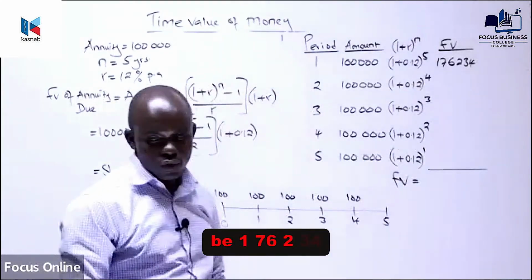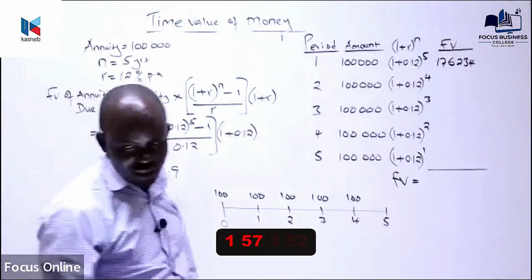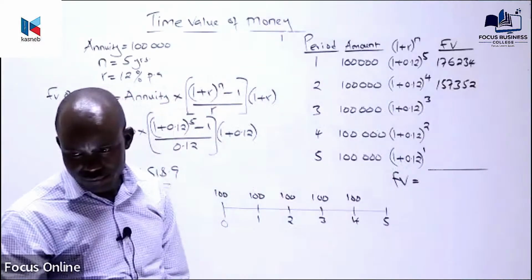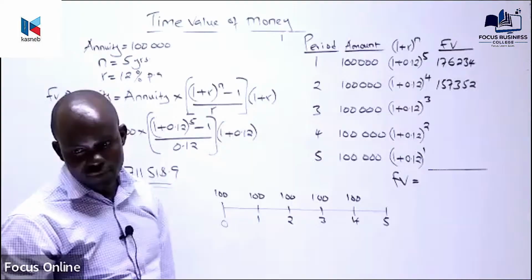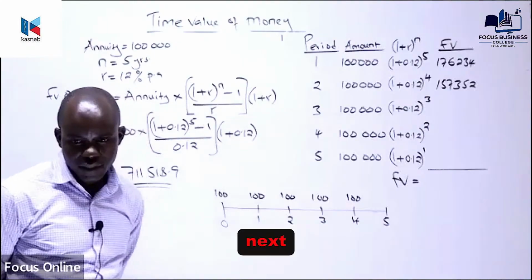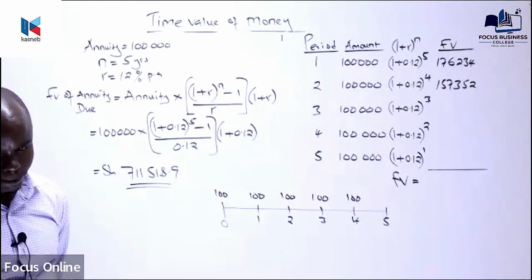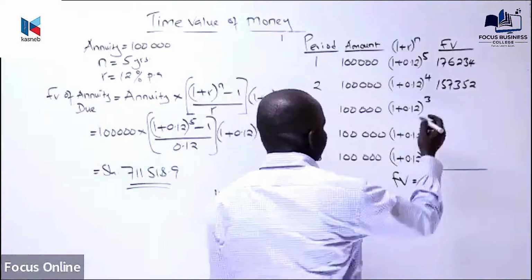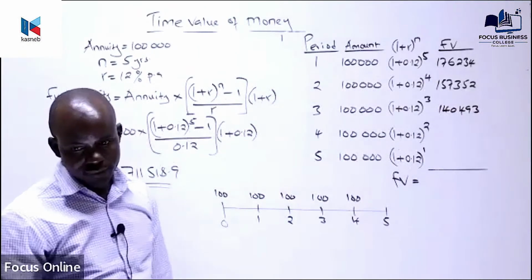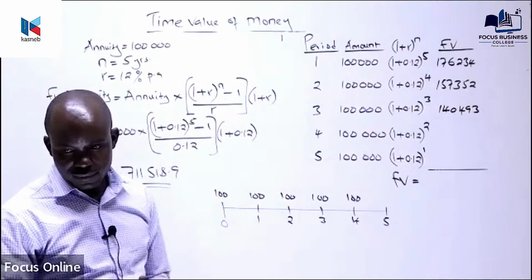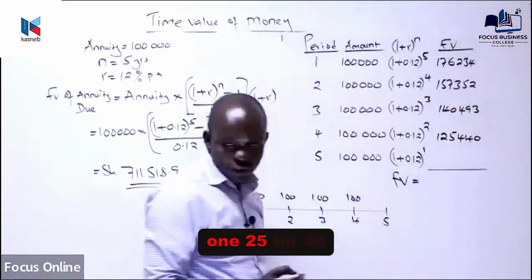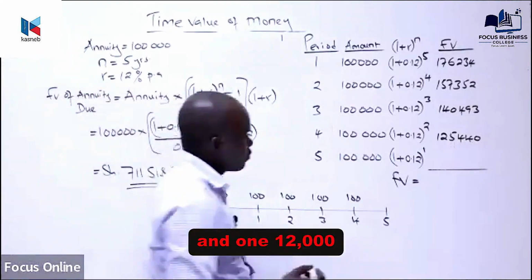The first one then should be 176,234, then 157,352, 144,93, 125,440, and 112,000.